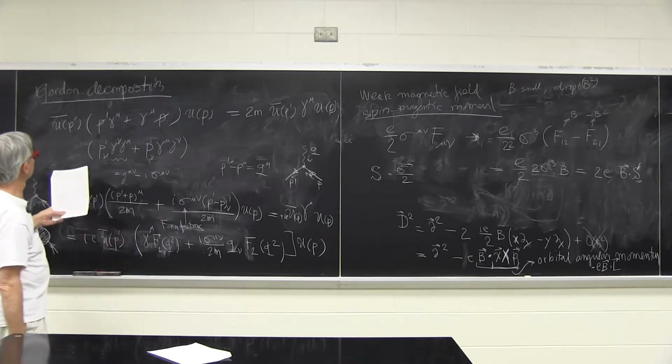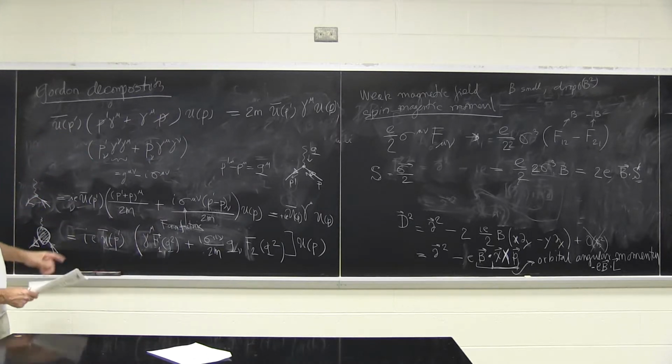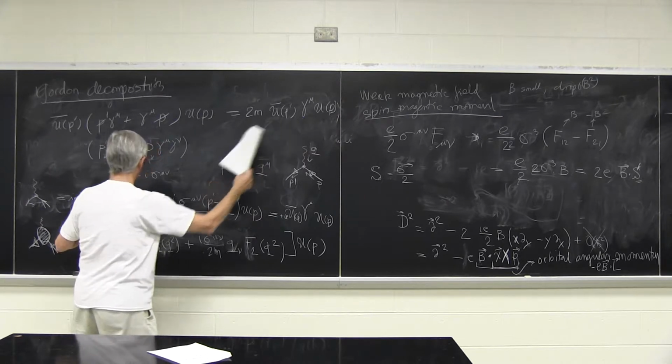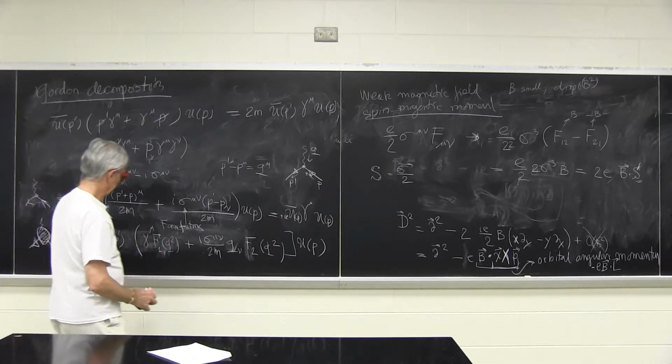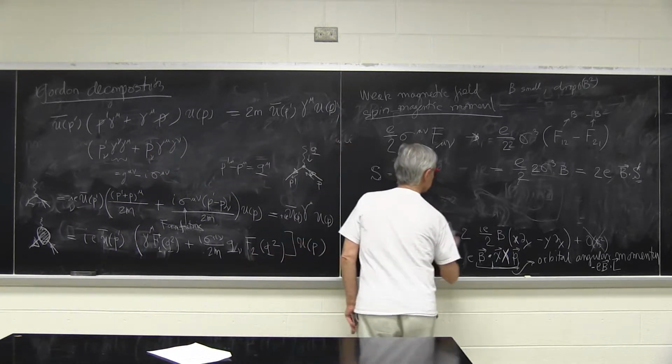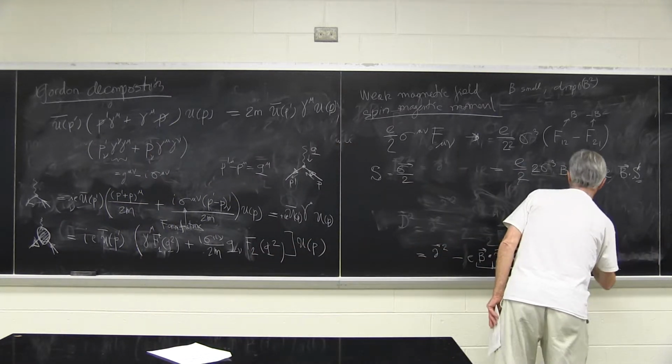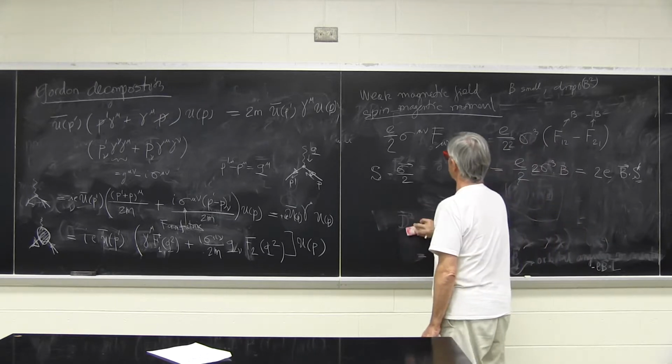We can use the Gordon decomposition. So you can use this identity to replace the first term by momenta. That's an identity, right?